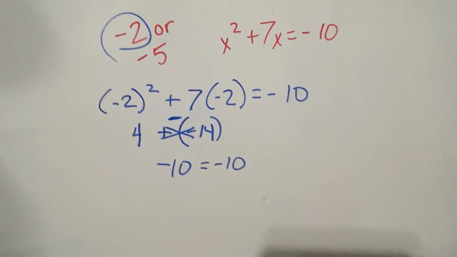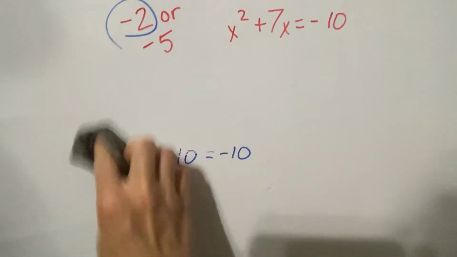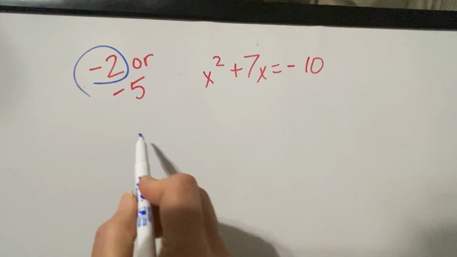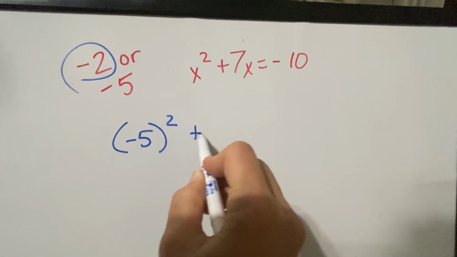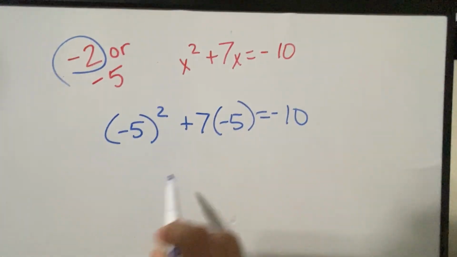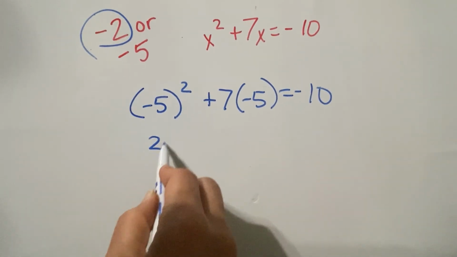So let's erase that and try the other one, negative 5, and do that again. Negative 5 squared plus 7 times negative 5 equals negative 10. Negative 5 times negative 5 is 25.